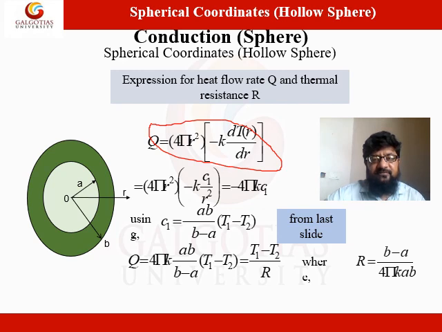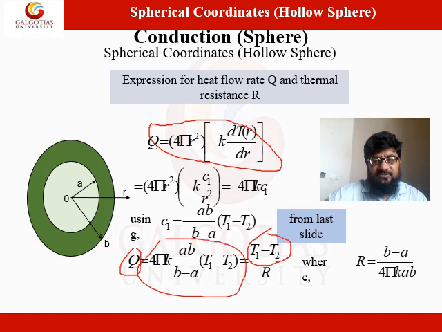Once we have calculated the expression for the heat flow rate, we can use the typical tool of electrical analogy, where the heat transfer is proportional to the temperature difference, and the rest of the terms are the thermal resistance. In this way we can calculate the thermal resistance of a hollow sphere.